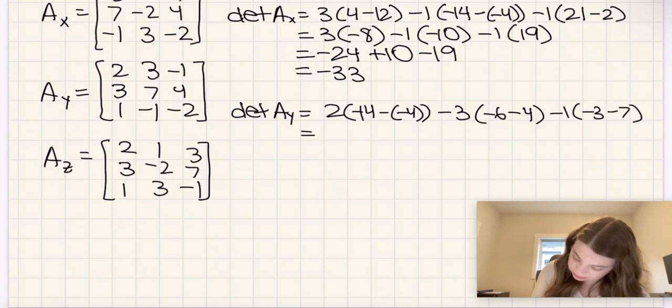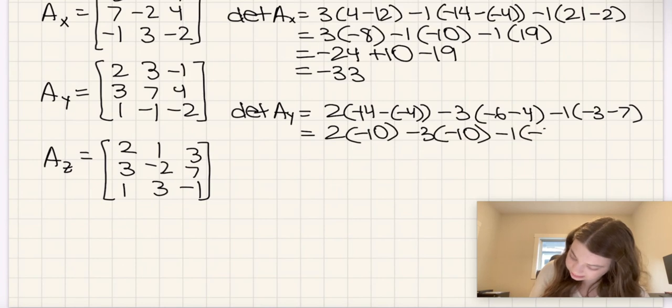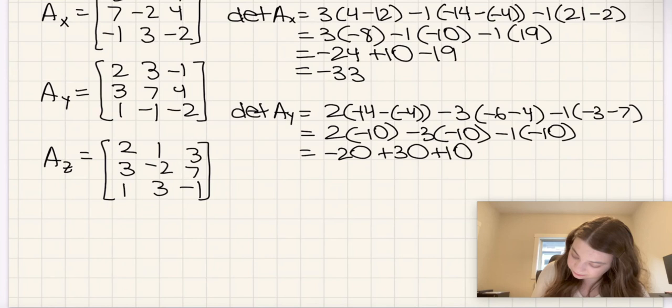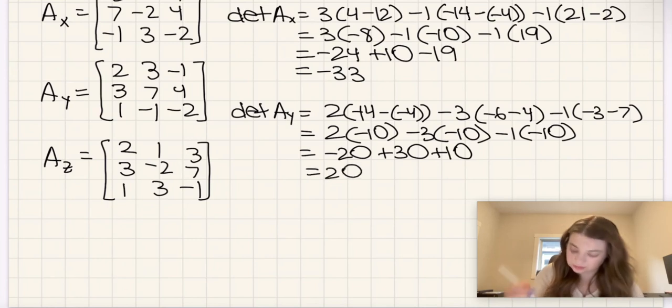So that's going to be equal to 2 times negative 10 minus 3 times negative 10 minus 1 times negative 10. A lot of negative 10s here. That's going to be negative 20 plus 30 plus 10, which is 40 minus 20, which is 20. So determinant for ay is 20.